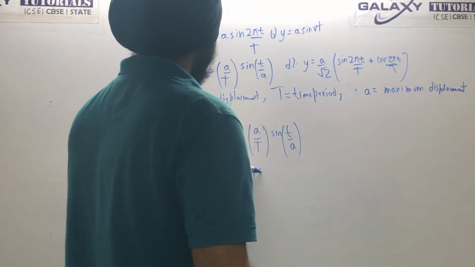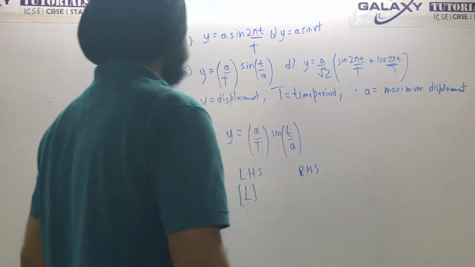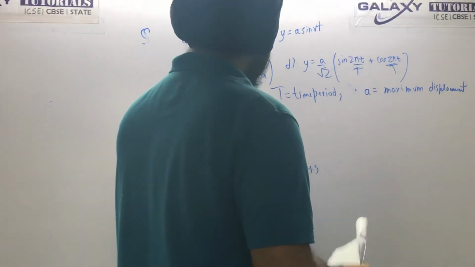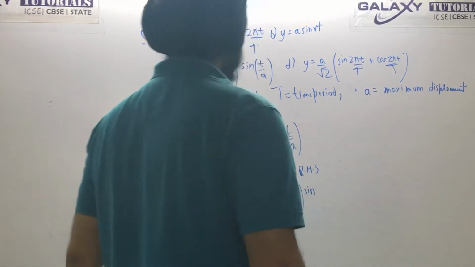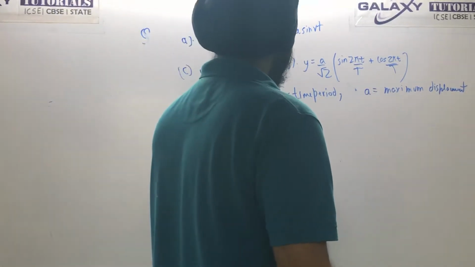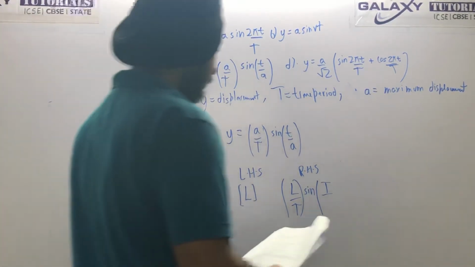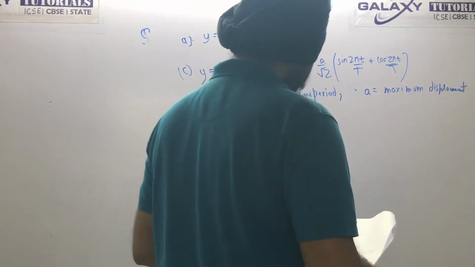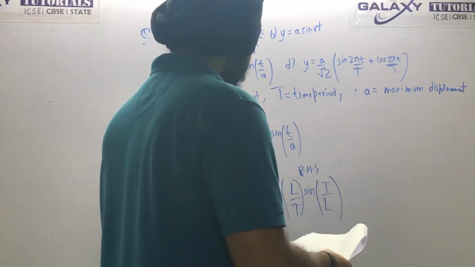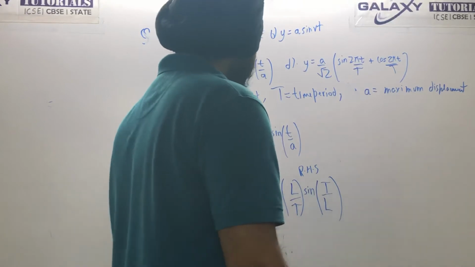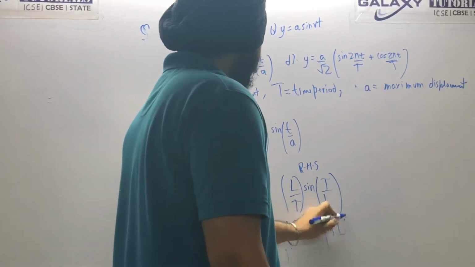LHS is L. On the RHS, A is maximum displacement, so the unit for A will also be L. In sin t upon a, T is time and A is again displacement, so it will be L. This is LT minus 1 and this one is sin TL minus 1.